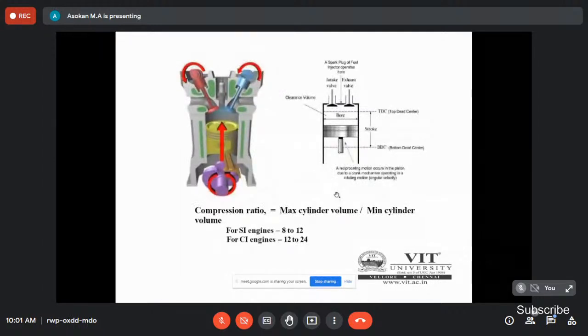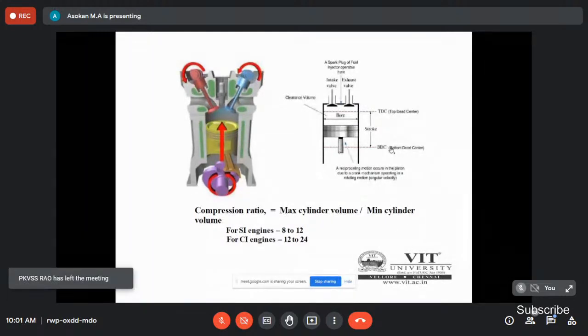Already you know the compression ratio: the ratio of maximum cylinder volume to minimum cylinder volume, that is, the total volume to the clearance volume. For the SI engine it is 8 to 12, and for the CI engine it is 12 to 24. TDC is top dead center, the topmost position of the piston.